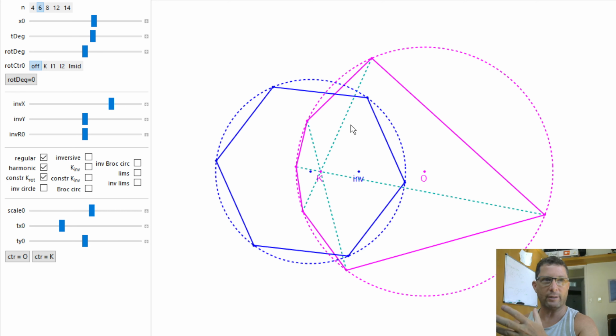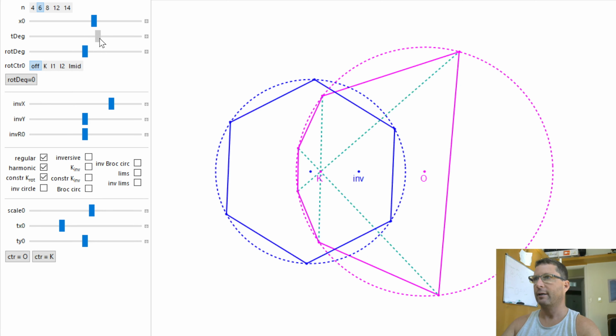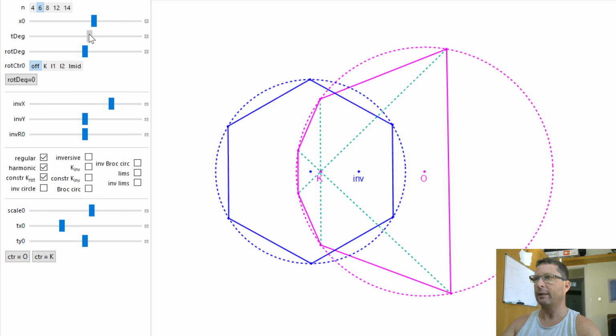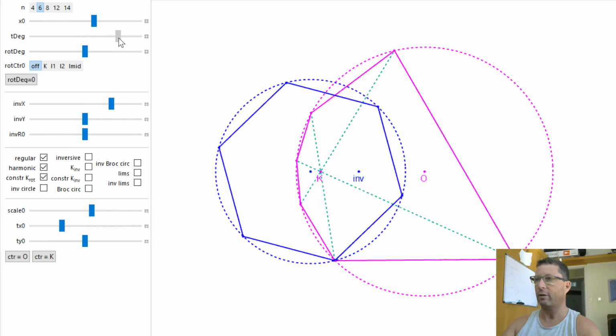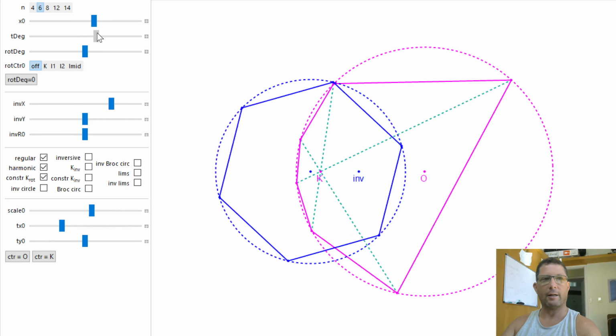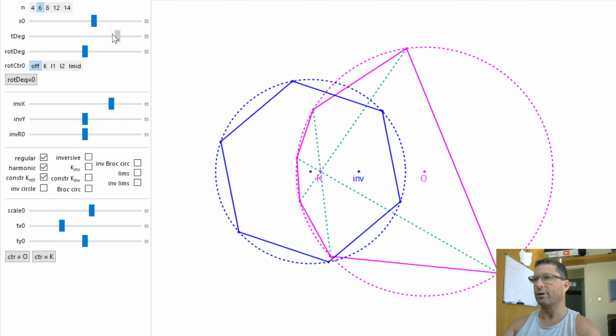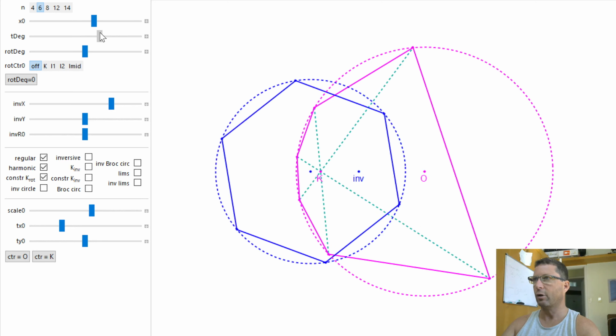When n is odd, you actually have to use quasi-diagonals, which are lines that connect each vertex to the opposite point of tangency of the family with its elliptic caustic. So this is actually a Poncelet family. There's a Poncelet porism here, and I'm not showing it, but this family envelops an elliptic caustic.